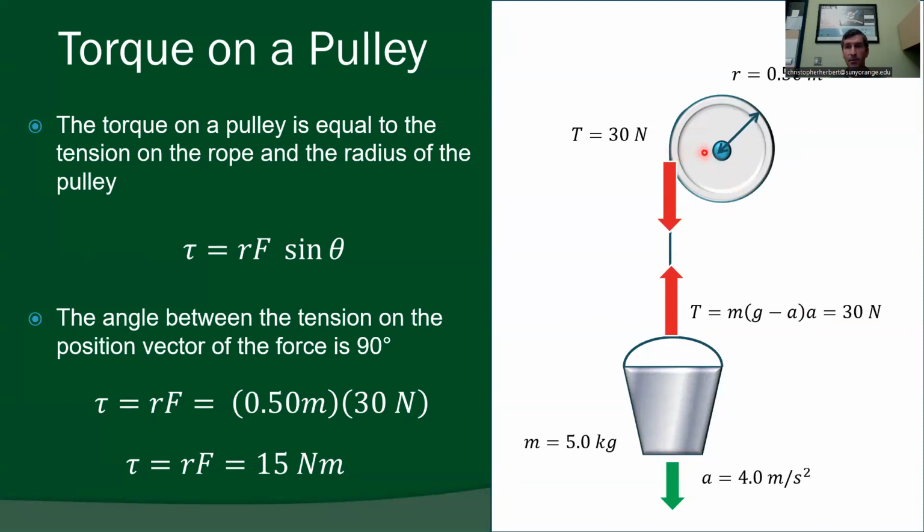The tension is perpendicular to the position vector, so sine theta here for the pulley is almost always going to be 90 degrees, or sine of 90 degrees, which is 1. Let's say that this pulley is 1 meter across, or half a meter for radius. Multiply 0.5 meters by the tension, 30 newtons. That will provide a torque of 15 newton meters, causing the pulley to rotate.